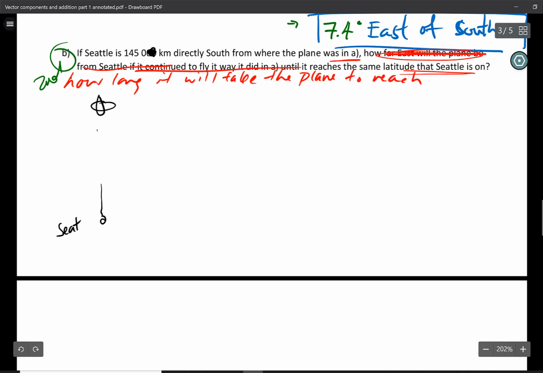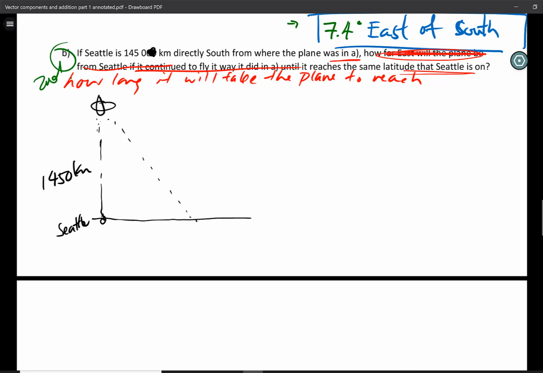This is Seattle, and that's separated by 1,450 kilometers. Now, if the plane just flew south, of course it will land in Seattle, no problem. But because of the wind, this plane is going to fly off and not be exactly where Seattle is.